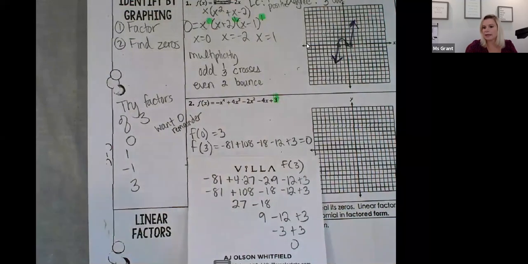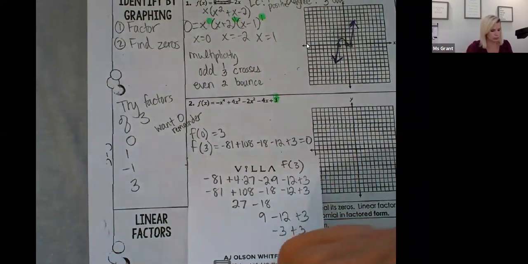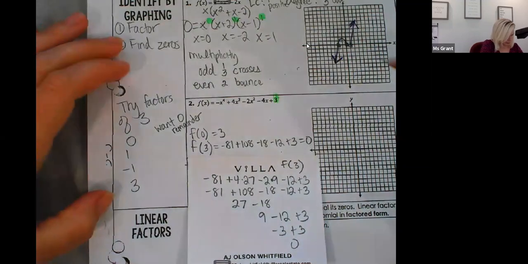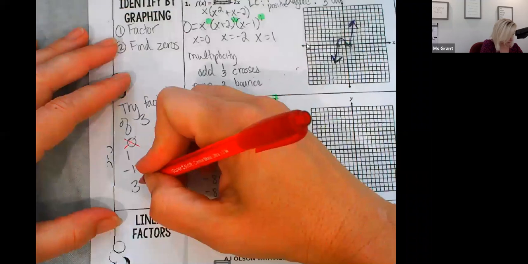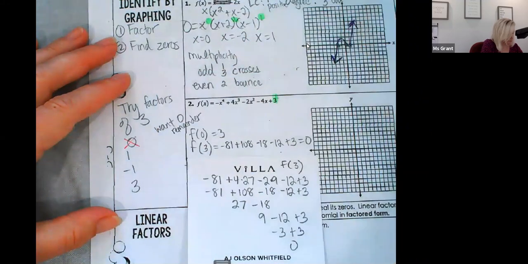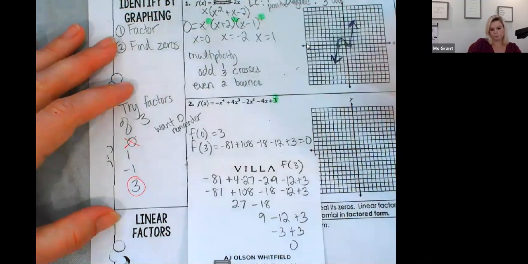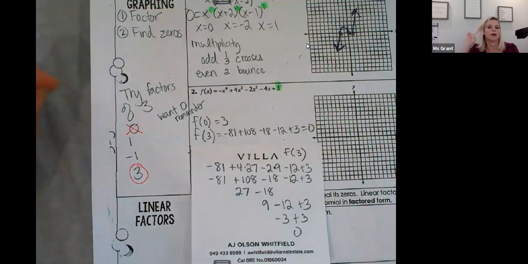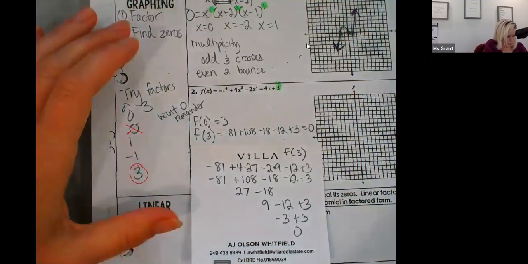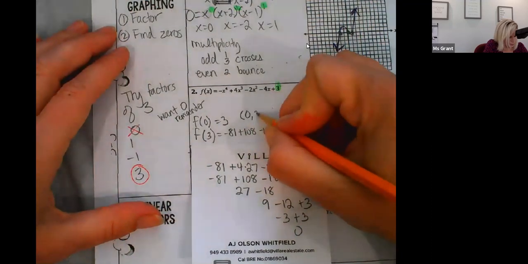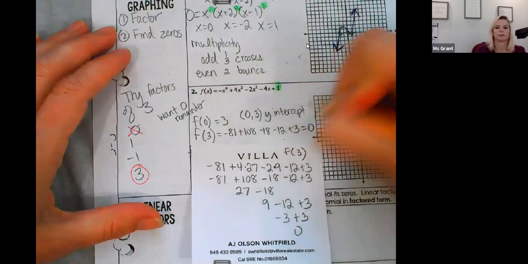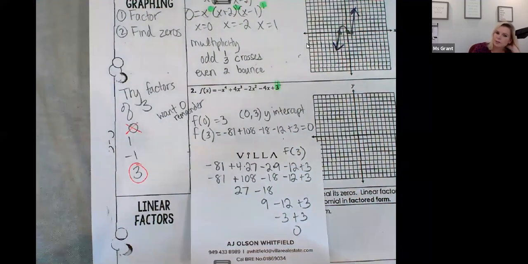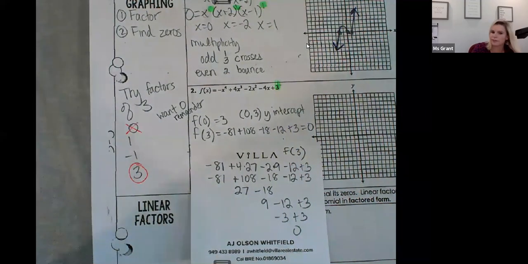So that means that 0 is not a factor. 3 is a factor. You know something about 0 though? This is an ordered pair. That's my y-intercept. So that's what happens when I try 3 to see if 3 is a factor. I got a remainder of 0. That's good. I want that.